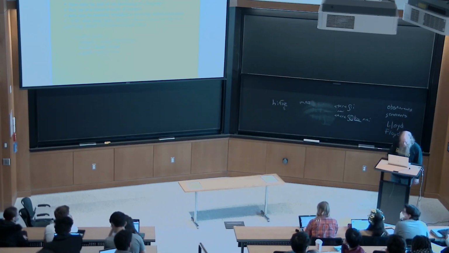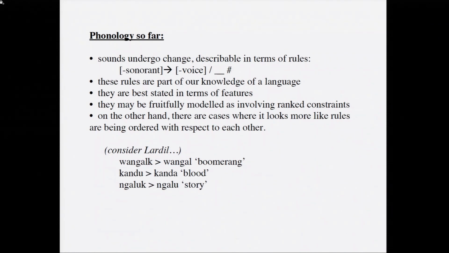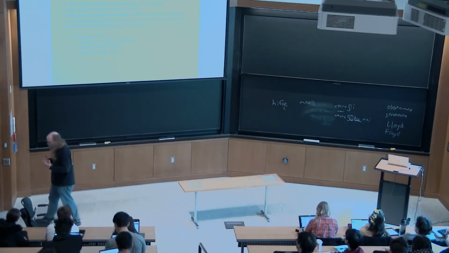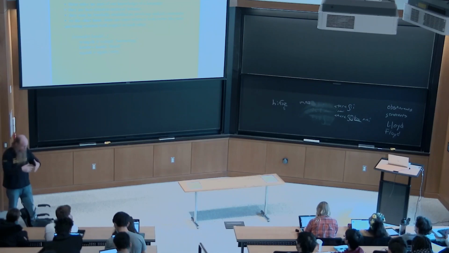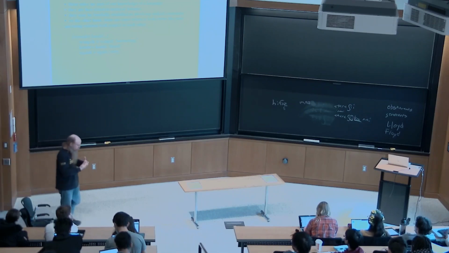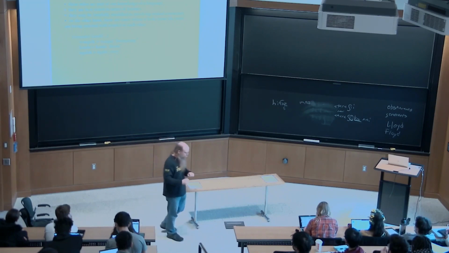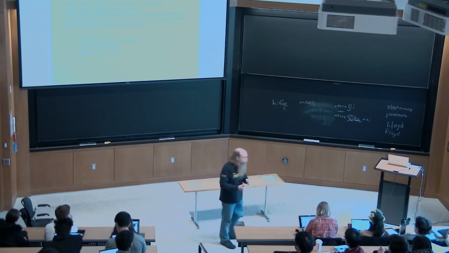All right then. Now, I tried to convince you earlier that there are cases, and the Japanese accent case was the one that we spent the most time on, where it's fruitful to think of the phenomenon as involving a bunch of ranked priorities, a bunch of constraints that are all pulling in different directions, and you solve that problem by deciding which is the most important one.